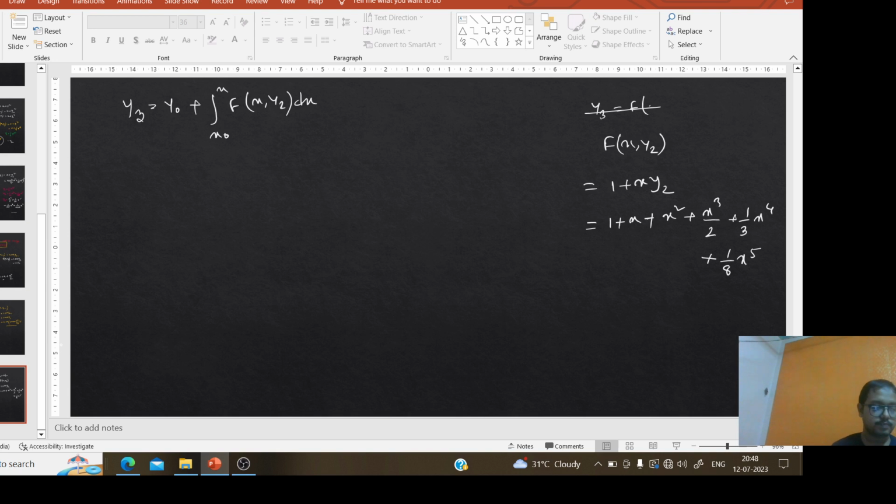So here we will get 1 plus the integral from 0 to x of 1 plus x squared plus x cubed by 2 plus 1 third x to the power 4 plus 1 by 8 x to the power 5 dx.